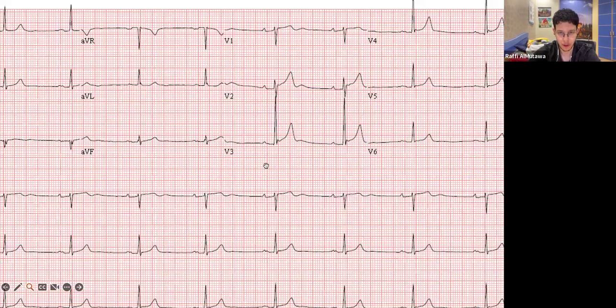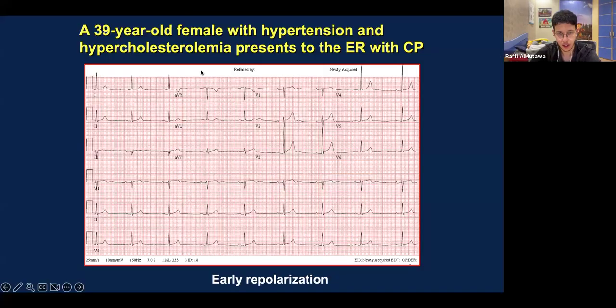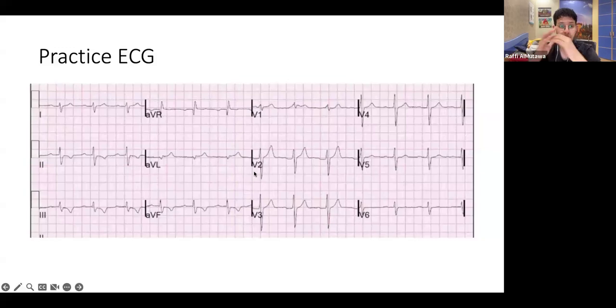And remember, look at this notch right here. This is telling you early repolarization. Because remember, the ST segment usually represents ventricular repolarization. So this is telling you that there was an early repolarization. So that's another way of thinking about it. Concave notch, exactly. Okay, we are done with the ischemia.